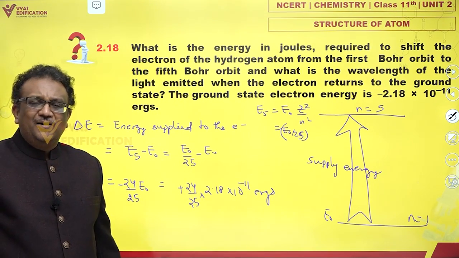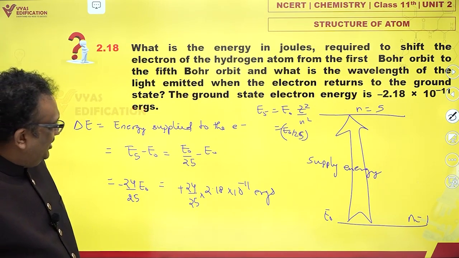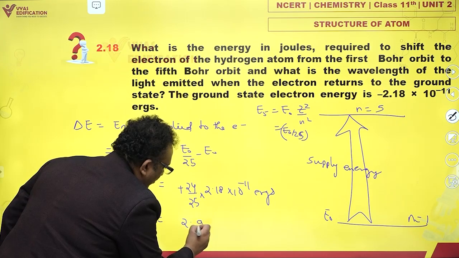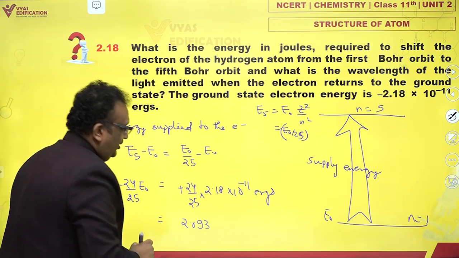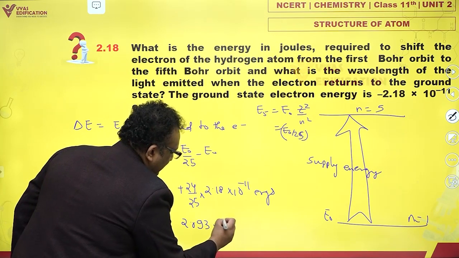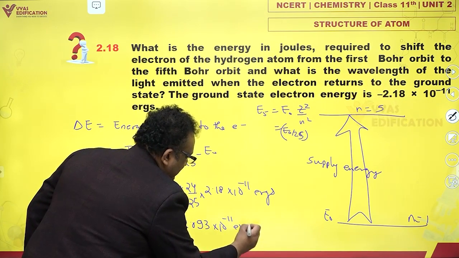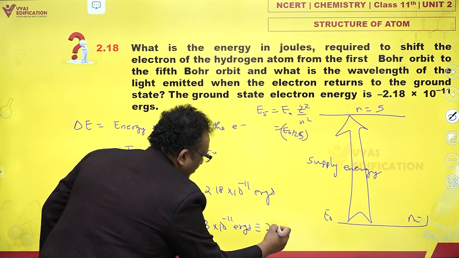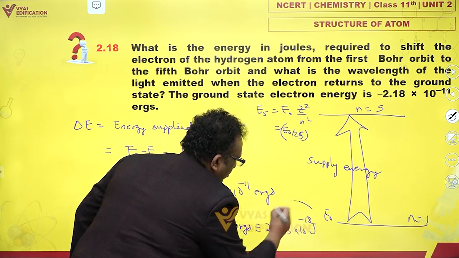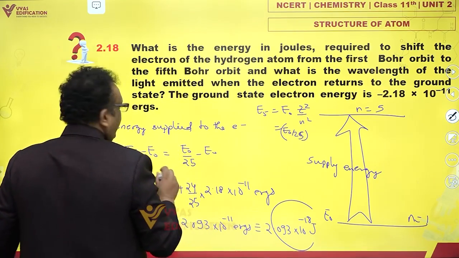That's not very difficult. Ergs to joules is a straightforward journey. You know the conversion. So you calculate this. This comes out to be 2.093, a little less than 2.18 into 10 raised to minus 11 ergs, which is 2.093 into 10 raised to minus 18 joules.